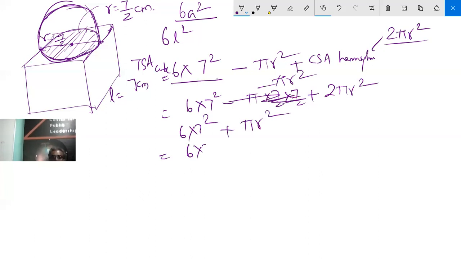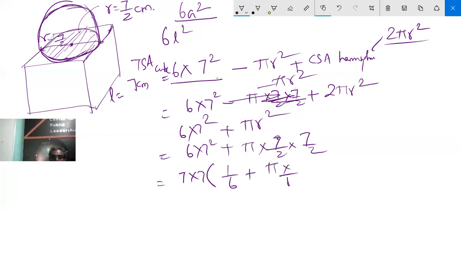6 into 7 squared plus pi into 7 by 2 into 7 by 2. Now you can take 7 into 7 common: 49 into 1 by 6 plus pi into 1 by 2 into 1 by 2, that is 49 into 1 by 6 plus pi by 4.